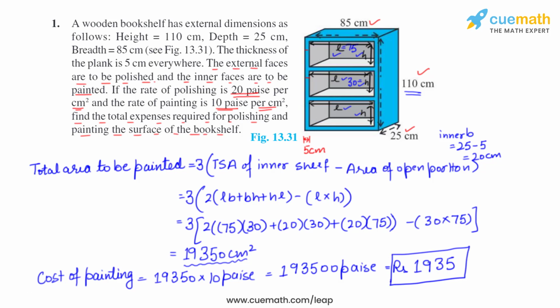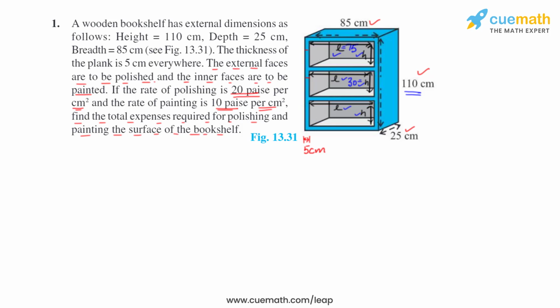Now to find the total expenses, we will add the cost of polishing and cost of painting. So total expenses is equal to cost of polishing, which was rupees 4340, and cost of painting, which we got as rupees 1935.